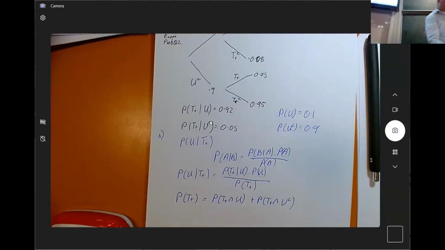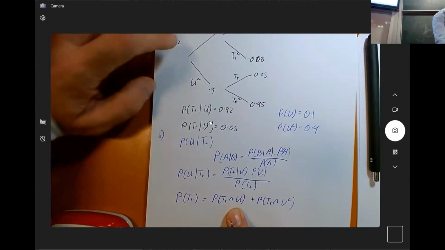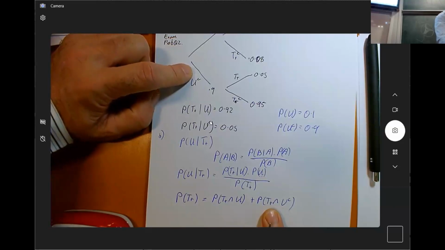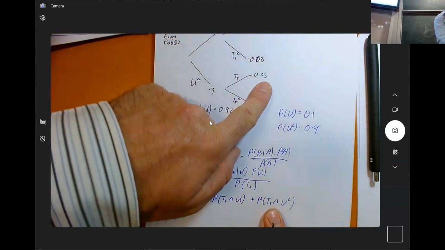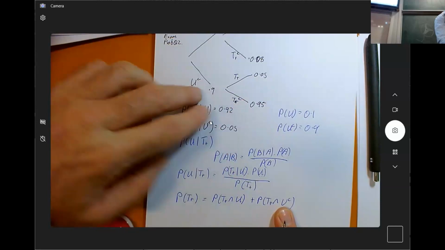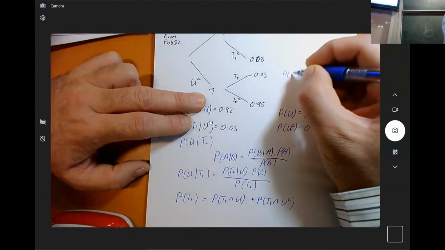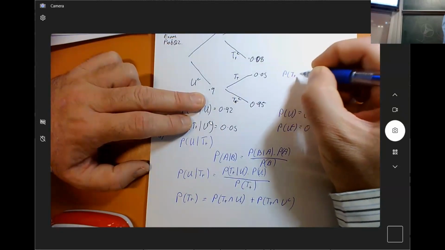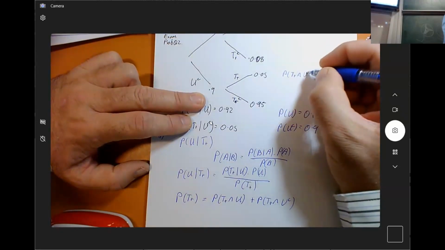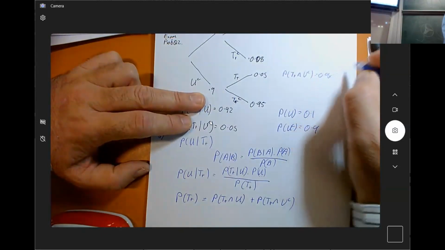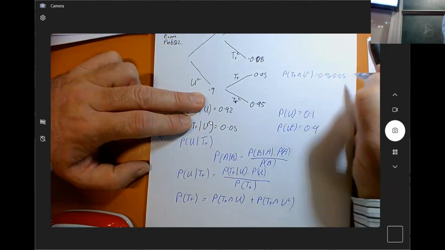I can actually work this out. If I go up to my tree diagram, the probability of testing positive and not using, I multiply those two probabilities. It's going to be 0.9 times by 0.05.